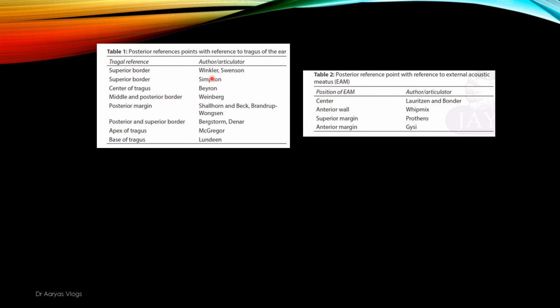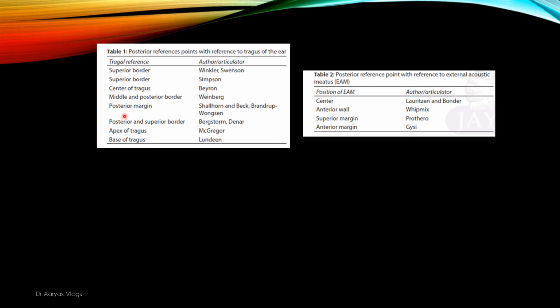Then various reference points with reference to the tragus of ear. Tragal reference, superior border: these are Winkler, Sensen, Simpson. These all talk about the superior border of tragus. Then center of tragus by Bayron. Middle and posterior border by Weinberg. Posterior margin by Shalon and Beck, Brandrup, Wongson.